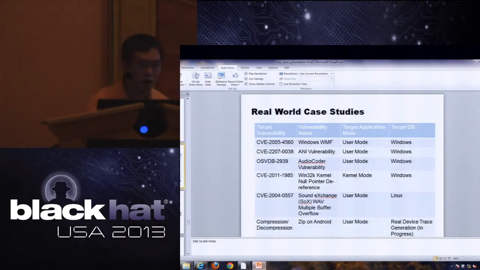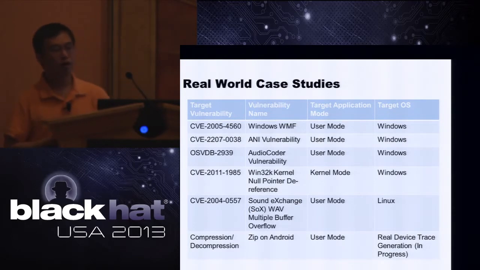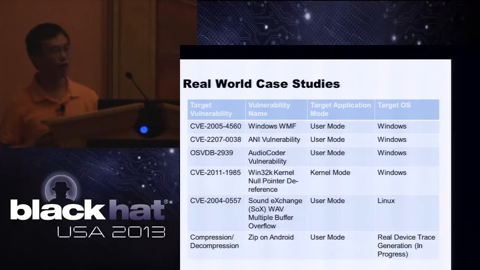So here we already showed you simple running examples to show the concept and approach and how it works. We did a few real-world case studies from different platforms, different types of applications, including the Windows platform where we have the WMF, ANI, all these classic vulnerabilities.